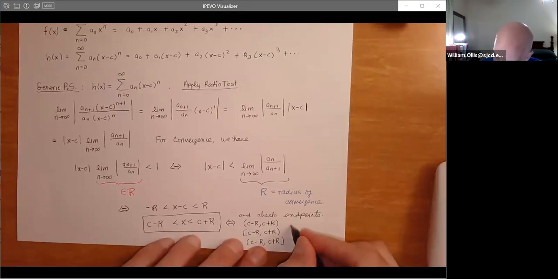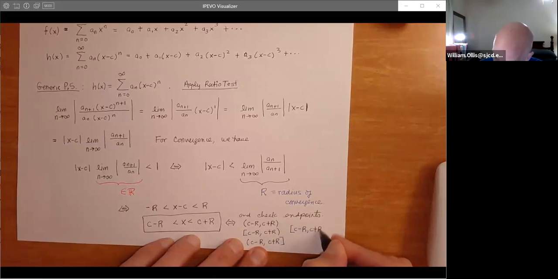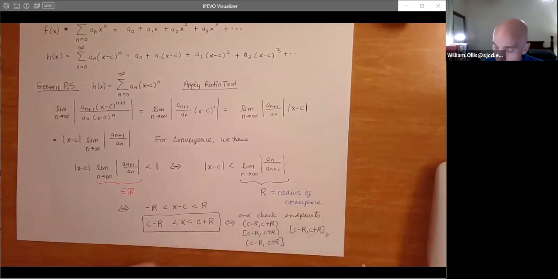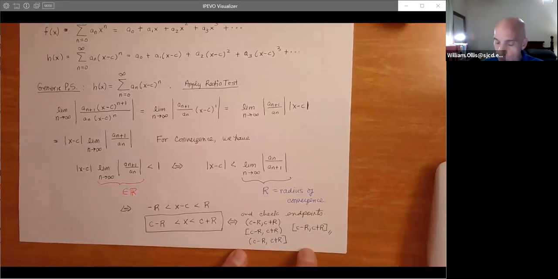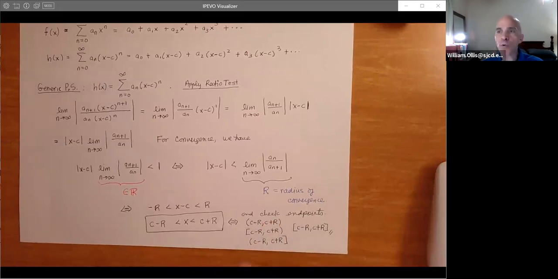And then the very best case would be c minus R to c plus R, both endpoints included. As we continue to work with power series, we're always going to look for intervals of convergence that will have this shape. And then the very best situation would be that we would dispose of all of this and just get convergence for all real numbers.